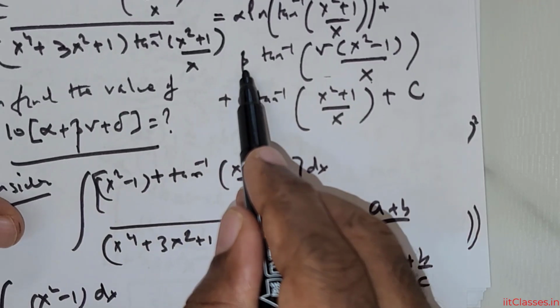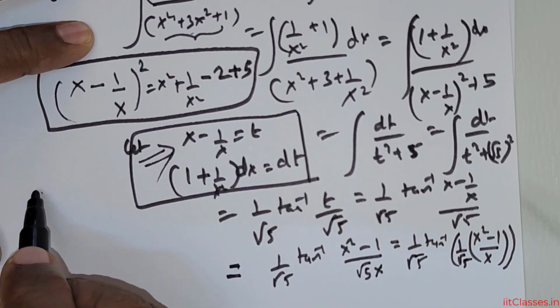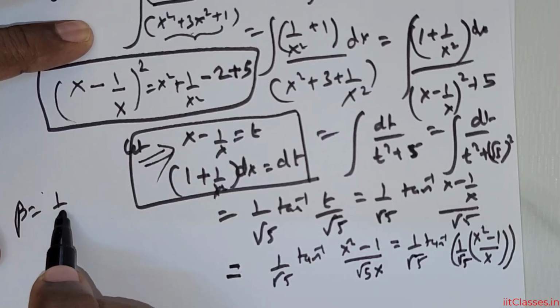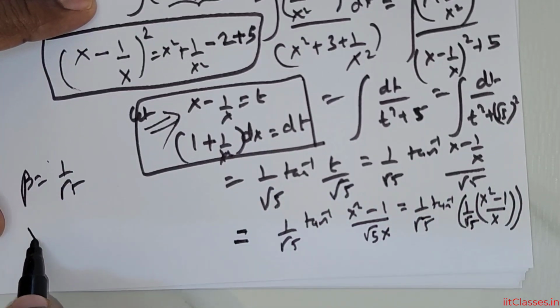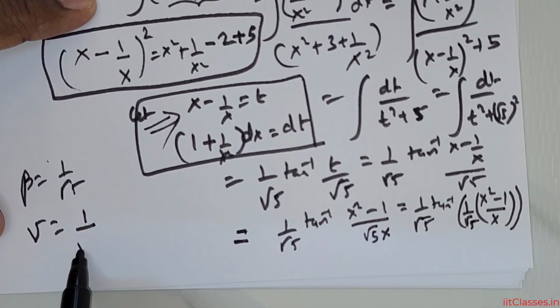That's going to be the beta value. So we have got the beta value 1 over root 5, and the gamma value, which is also 1 over root 5. I think you can safely write it as 1 over root 5. Okay, so this is what you have got.